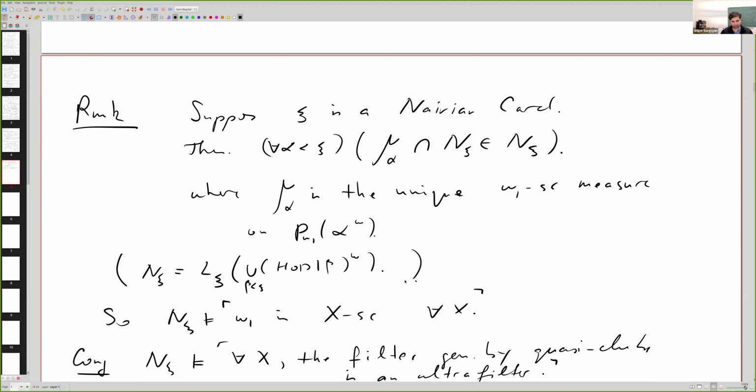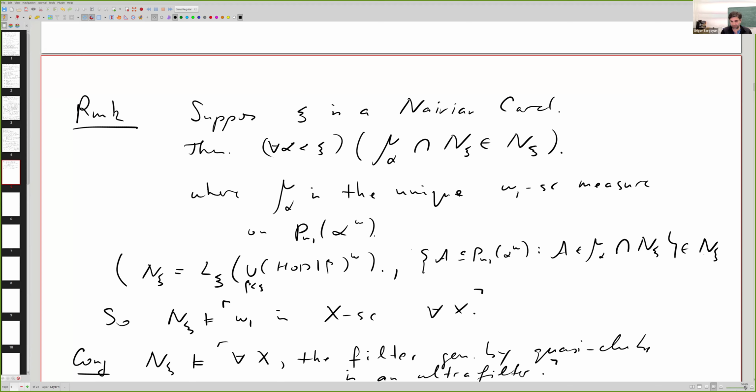The first one is because if I look at a subset of P omega 1 alpha to the omega such that A is in mu alpha, this is in N xi.